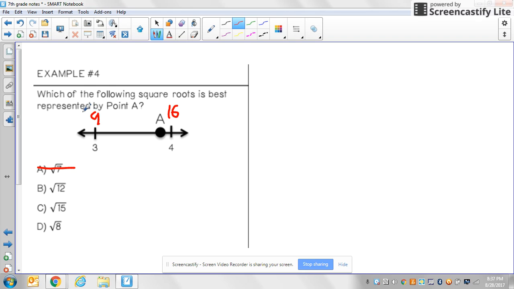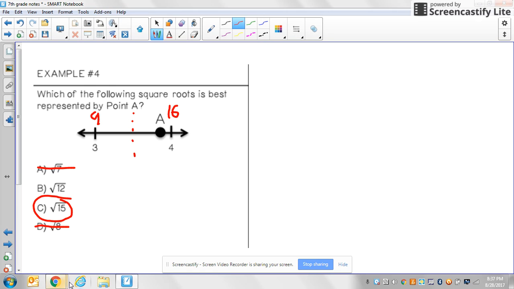Square root of 8 is still over on this side, so that one's off, okay? Now we have a couple other choices. We have square root of 12 and square root of 15. Well, 12 would probably put us somewhere right here. So we're going to say that our answer for this particular problem is C.